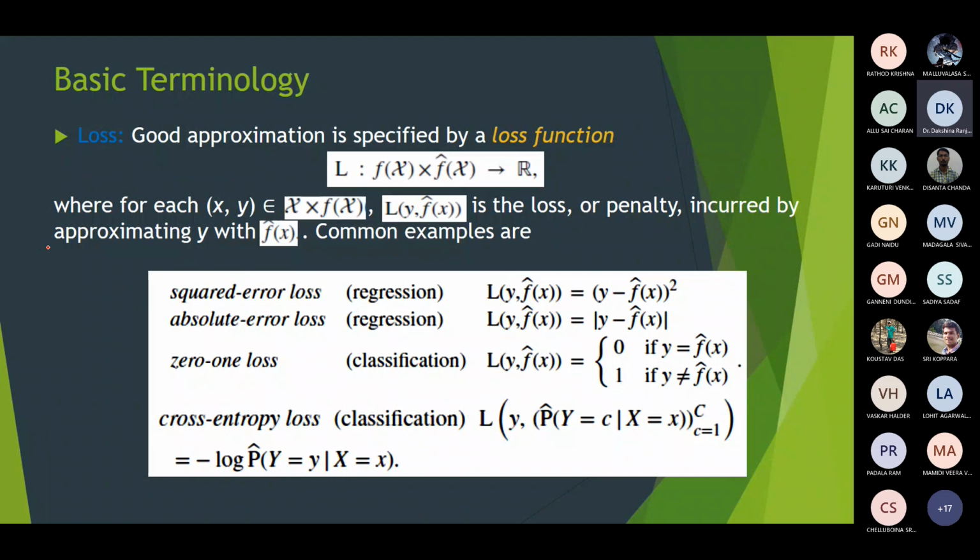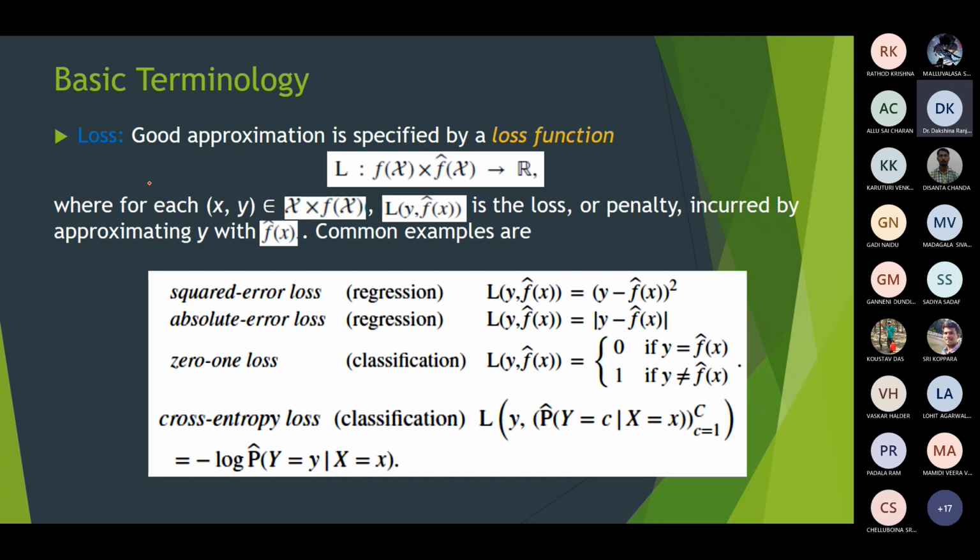Now in this loss function, if we consider x comma y as a single point that belongs to the range approximated by f of x, then this is the loss incurred by approximating y with f cap of x.